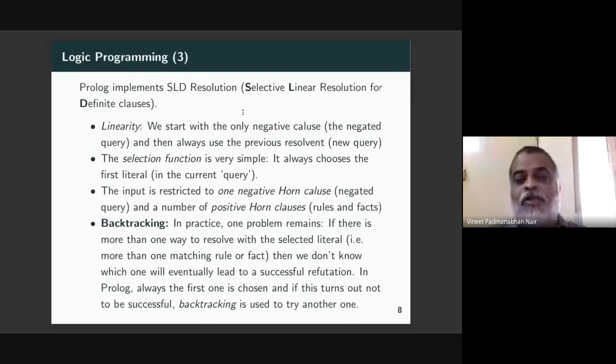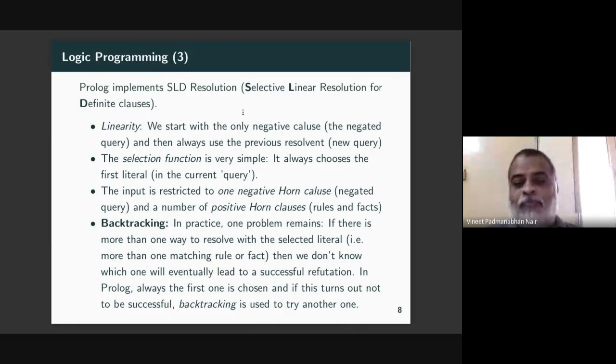Input is restricted to one negative Horn clause, that is the negated query, and there will be a lot of other positive Horn clauses. Now backtracking, as you always know: you start with the left branch, get stuck somewhere, then move back up, come down again, and try to find some positive clause to cancel with. So backtracking is always there as far as Prolog is concerned.